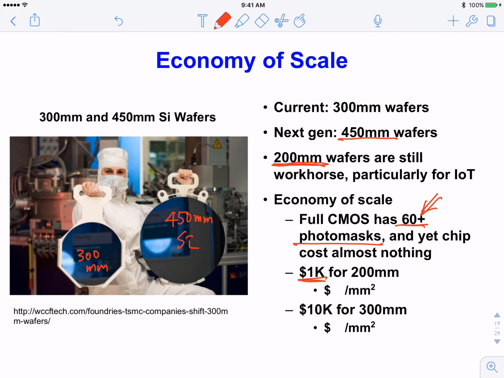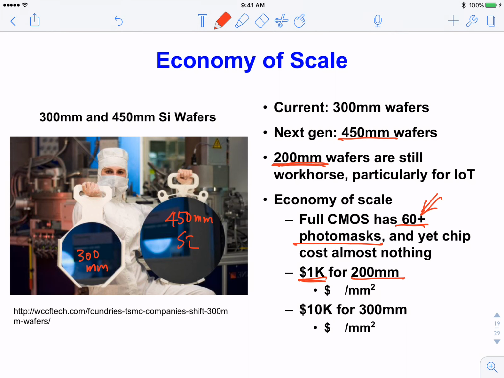Many of your chips, if you look at your cell phone, of course, the processor is very big, bigger than a centimeter by a centimeter. Many of the smaller chips that do a lot of things are on the order of millimeter by millimeter. So let's do an exercise. On a 200 millimeter wafer, if you have a calculator, divide $1,000 by just the area, square millimeter.